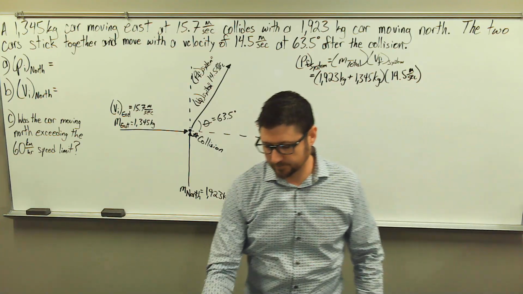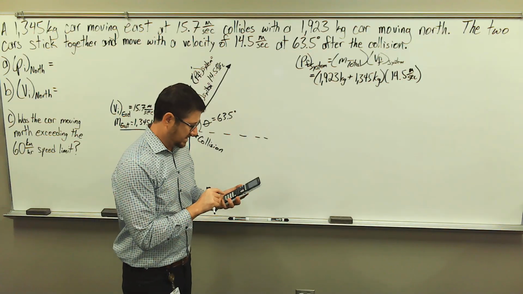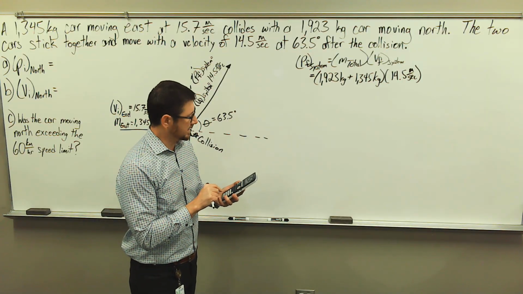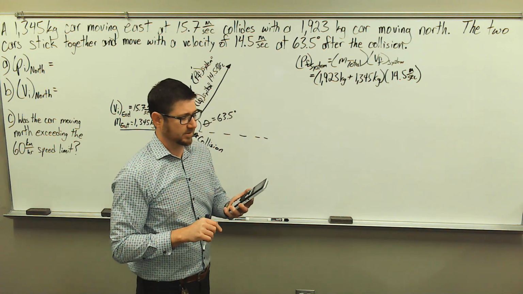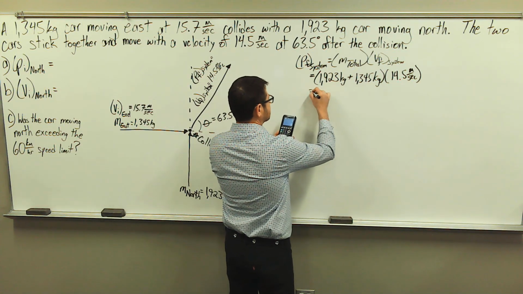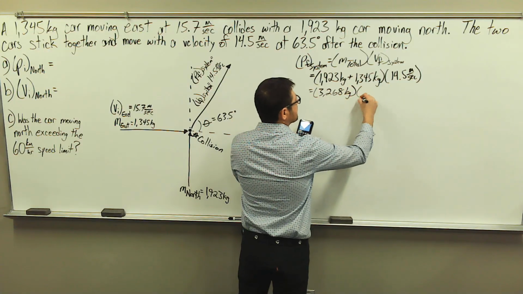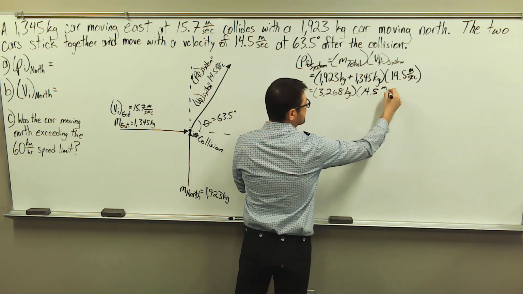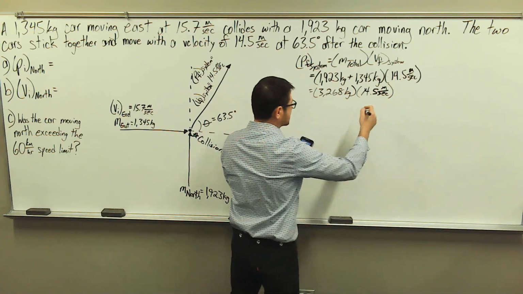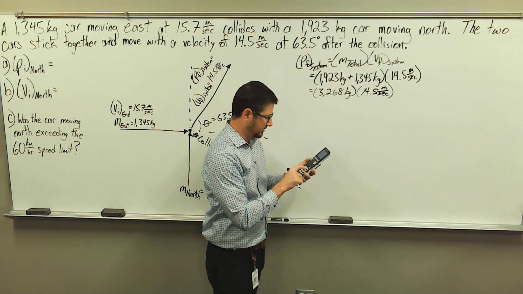All right, so we're first going to have to add our two masses. So 1923 plus 1345. This will give us 3,268 kilograms times our final velocity of the system, 14.5 meters per second. So we're going to multiply our total mass by that final velocity.